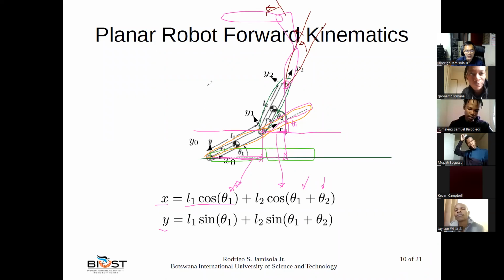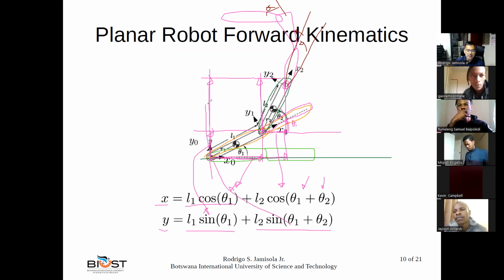With respect to the y component, this is the length of link 1, and then the sine of the total joint angles is that part, and when you add them, that's the total y coordinate. So you just add component by component.